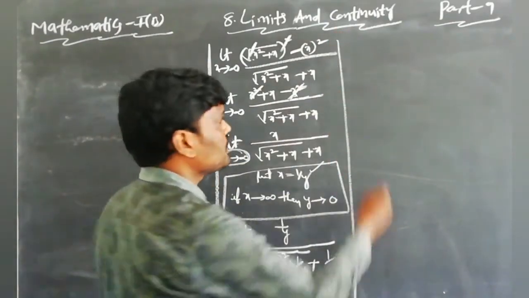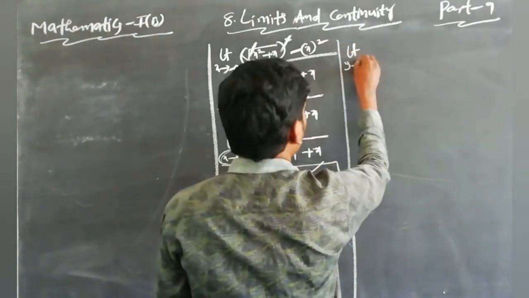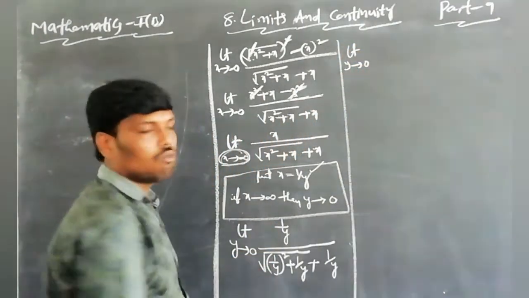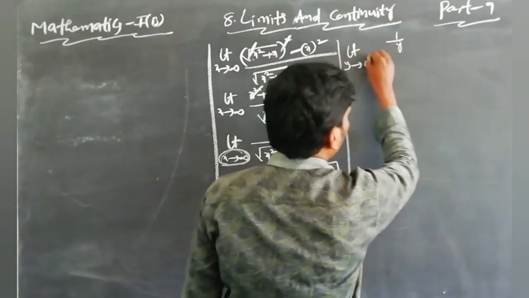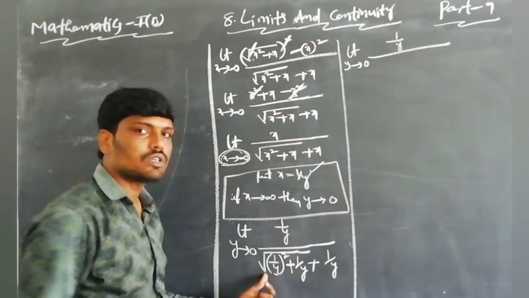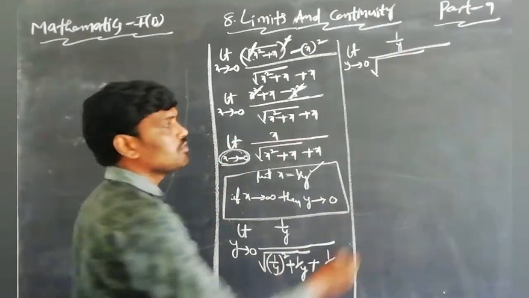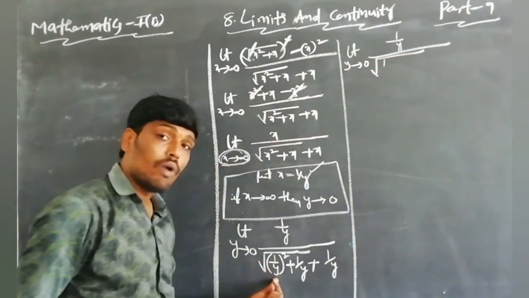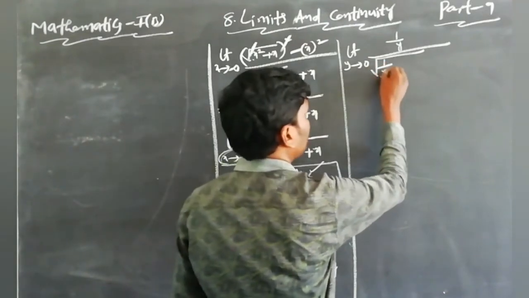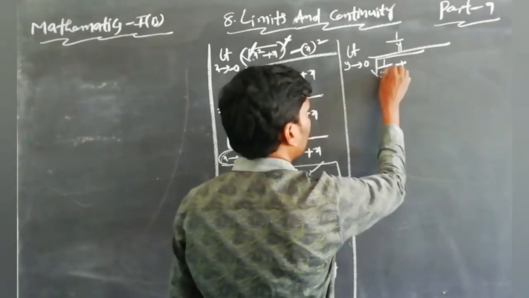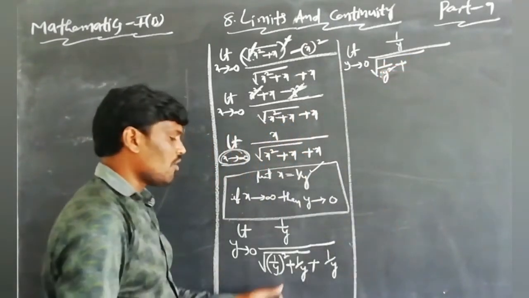After that you can write limit y tends to 0 of 1 by y all by square root of 1 by y whole square, that is 1 square value 1, y square value y square, plus 1 by y, plus 1 by y.